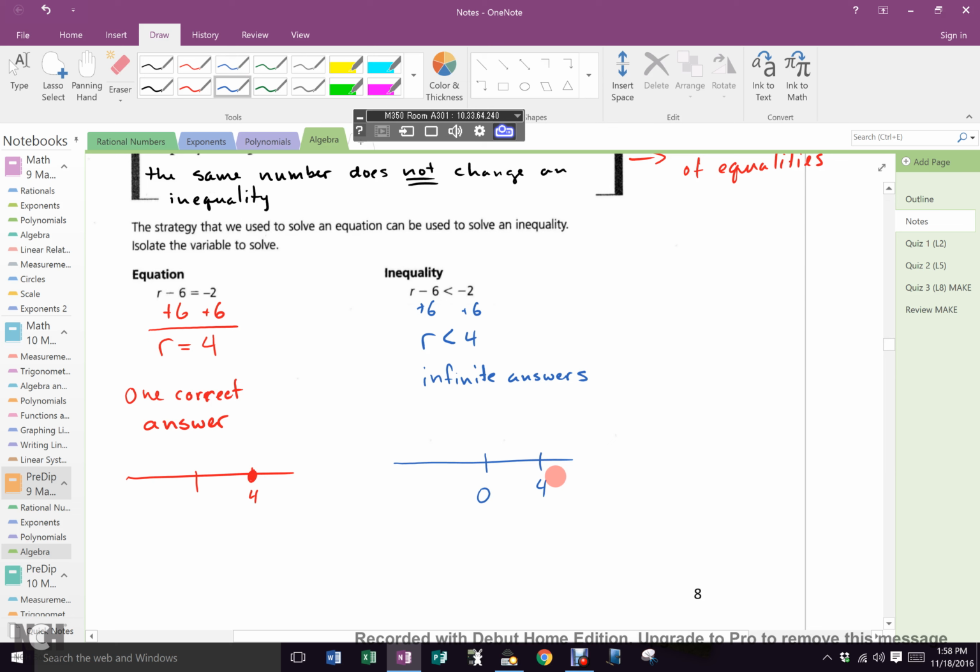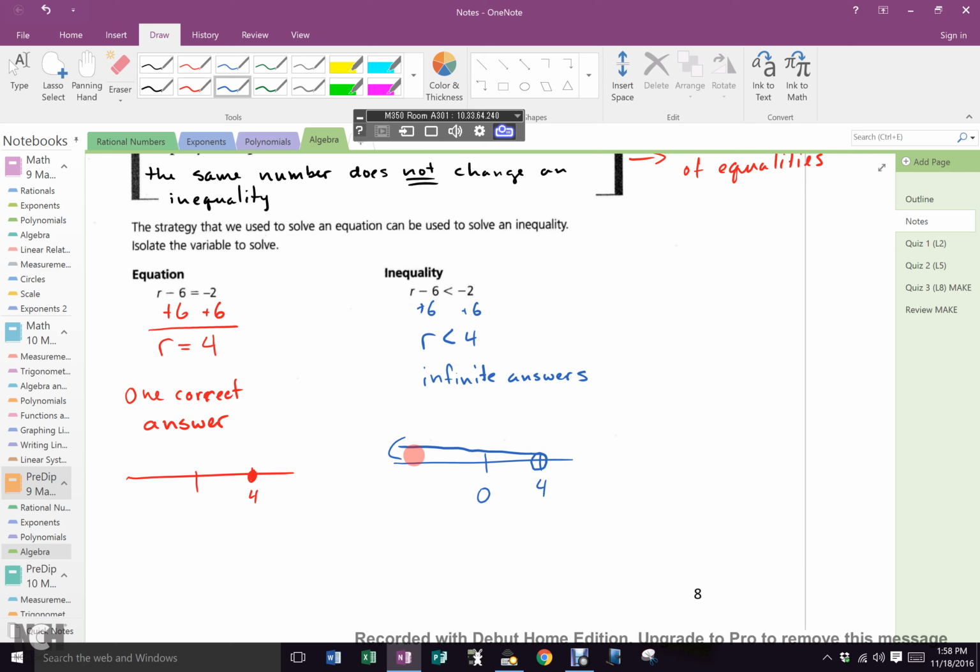This is what we did yesterday with one more step. Amshuman. So it says R is less than 4. That means you got 4 without the 4, and it goes open circle to the left. Good. Why? Sam. R can be any number less than 4.